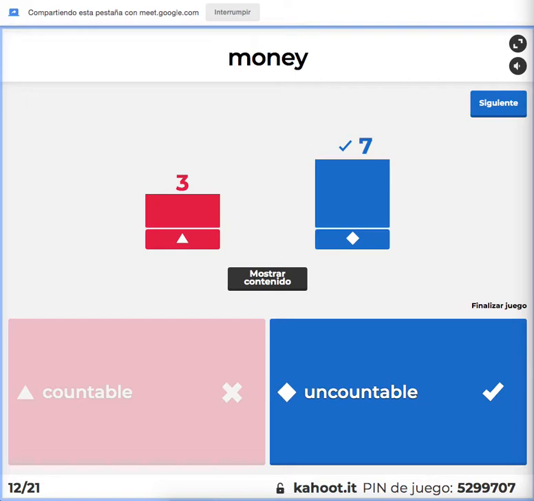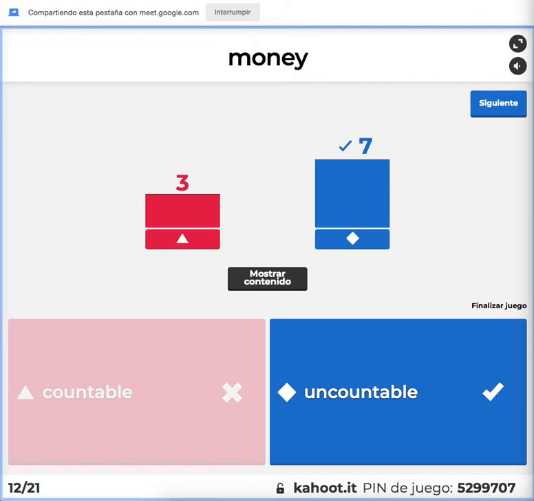If you have two money bills of 10,000 pesos, si tienes dos billetes de 10,000, ¿cuánto tienes? How much money do you have if you have that? What is the amount? 20,000 pesos, right?